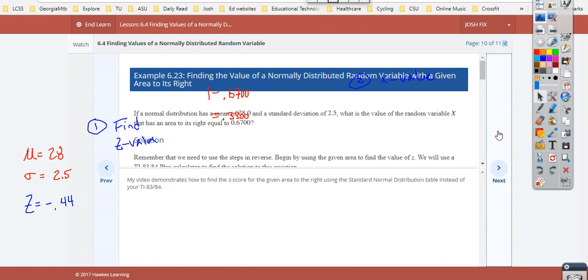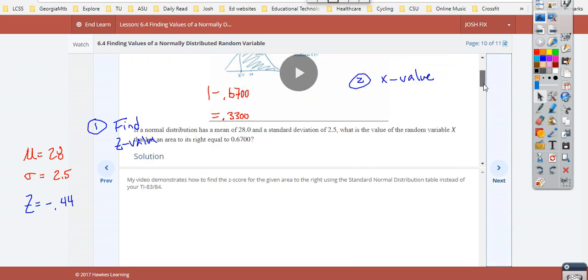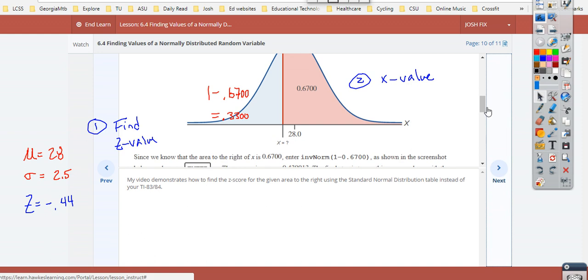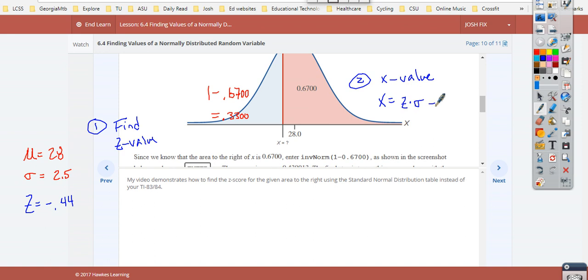Alright, so at this point we have the formula that we're going to use, and that is x is equal to the z-score times the standard deviation plus the mean. And so we just plug in what we know. We know that x is equal to my z-score, which is -0.44, times my standard deviation, which is 2.5, plus my mean, which is 28.